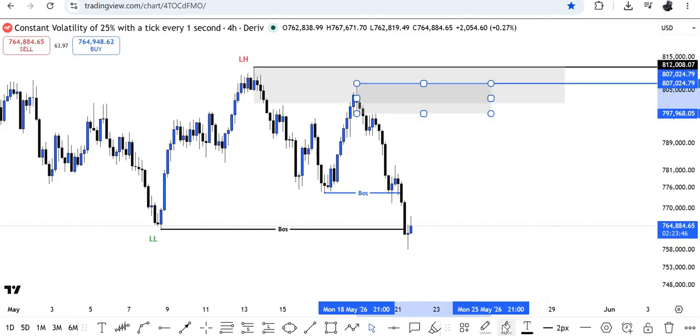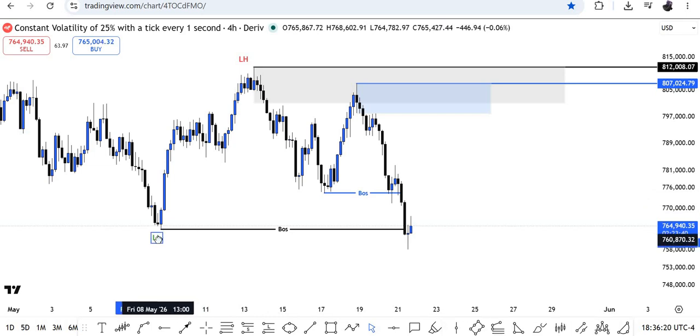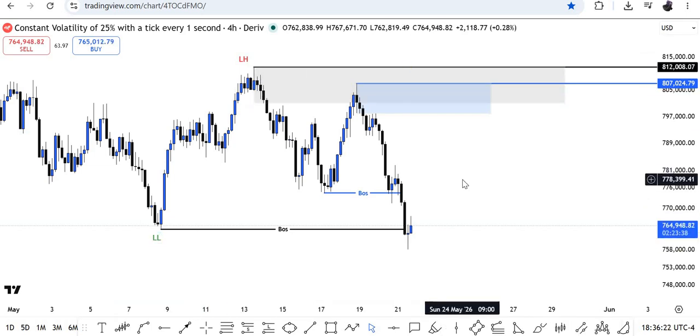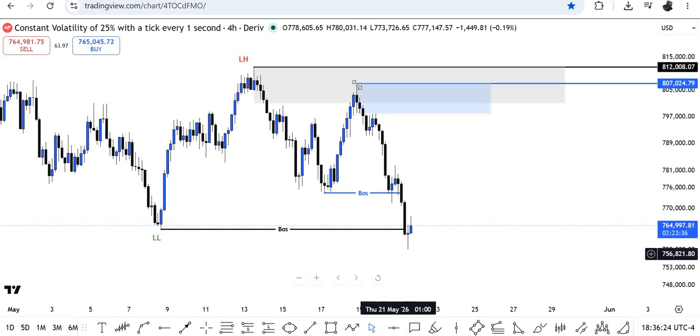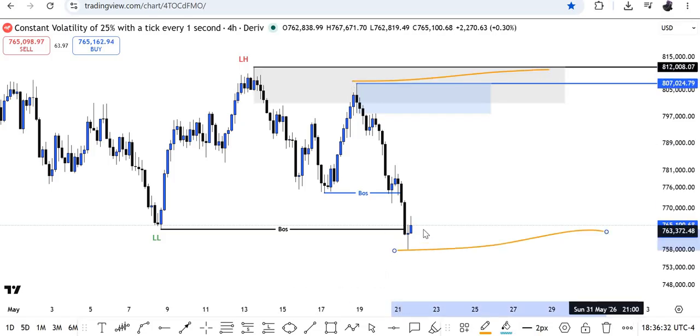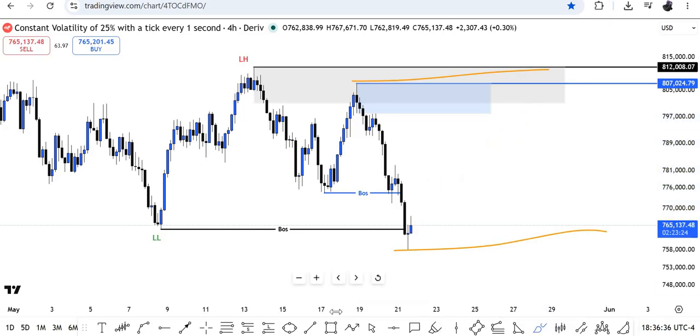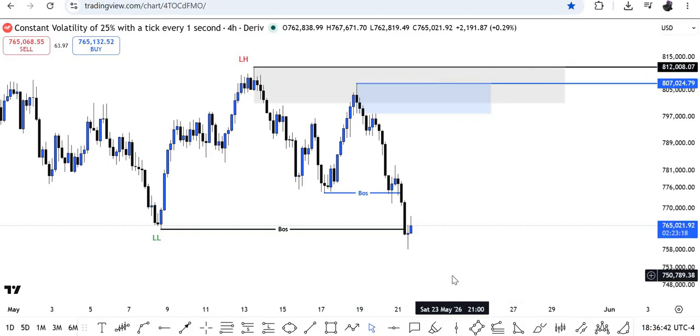So our zones are kind of stacked in this one. Top-down analysis, that's what we're doing. Now we're focusing within this range, the H4 range right here, so that we can narrow down the price action and not be all over the place.